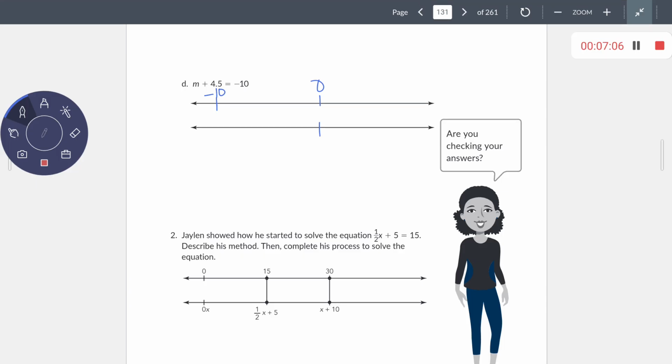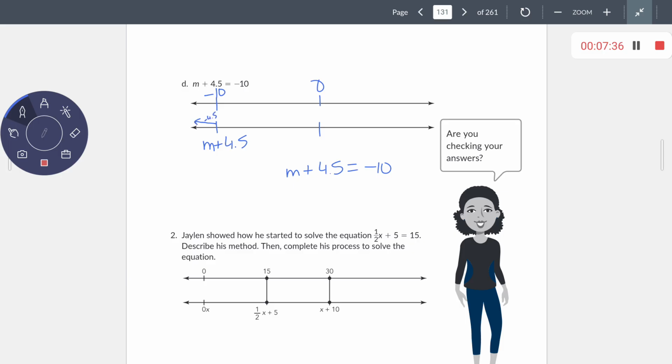So negative 10, we're going to put below that m plus 4.5. So if I don't want plus 4.5, I have to go to the left because that's going to make it minus. So I'm minusing 4.5.